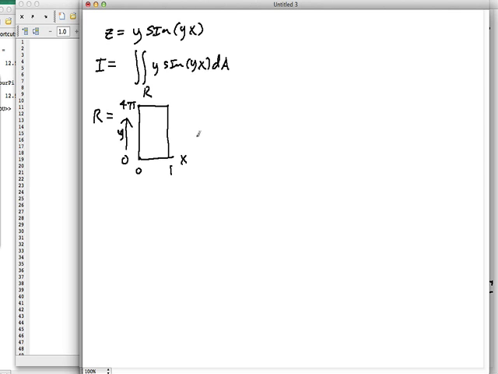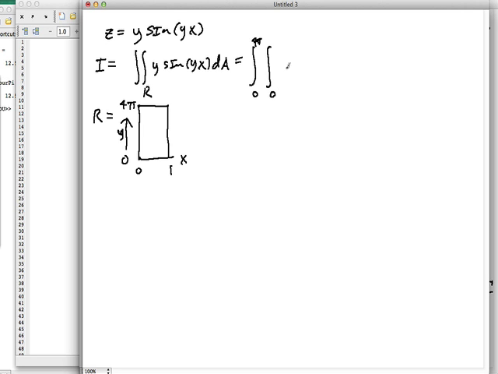All right, so let's look at what this looks like. So one thing we like to do in this class is a lot of plotting. We'd like to visualize as much as we can with graphics what's going on. So one way we can write this as an iterated integral is to write it as 0 to 4 pi. That's the y integral.